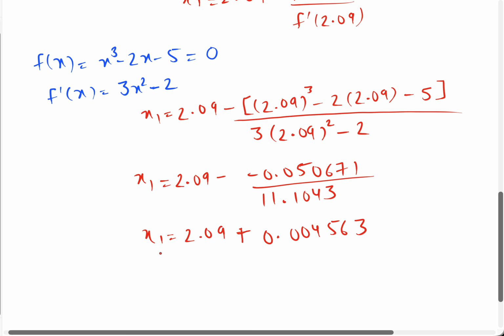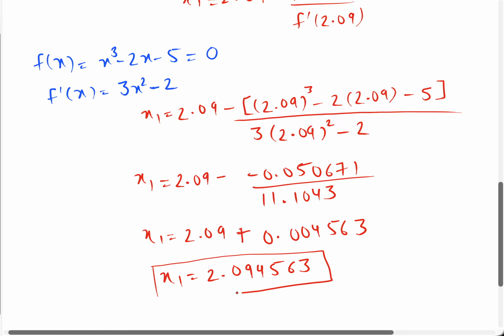Now we need to add it: 0.004563 plus 2.09. So what is our x1 now? 2.094563. This is our x1.